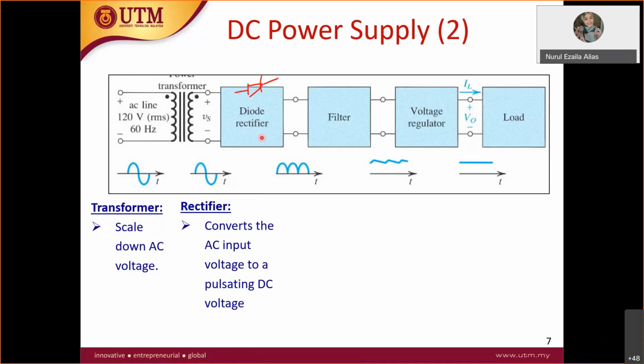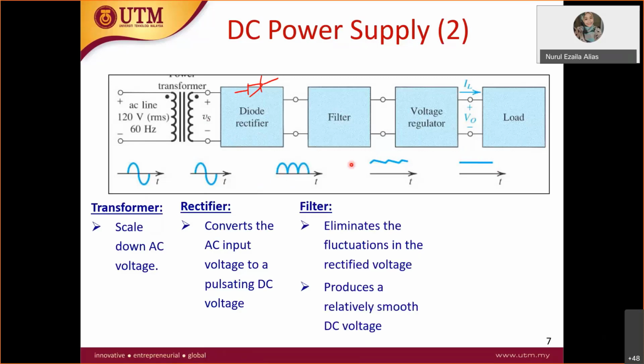Remember, your objective is to get from a sinusoidal input to a straight line DC output. Here you have a pulsating DC voltage. From this rectified output, it will meet a filter. This filter is actually a capacitor.